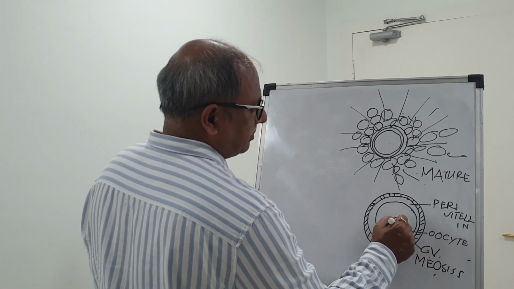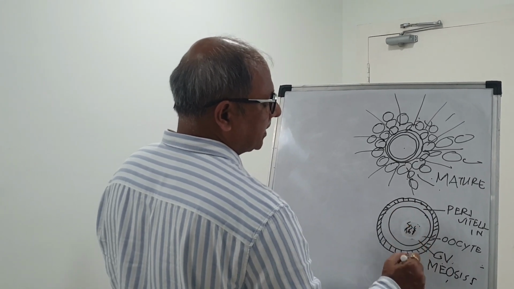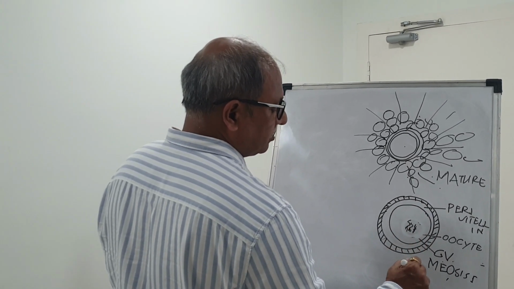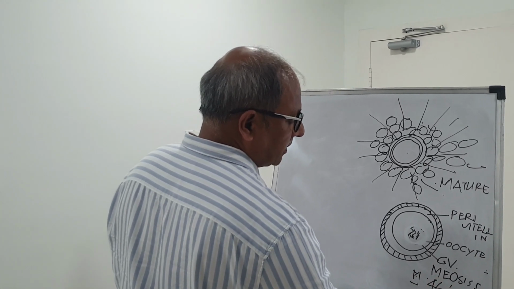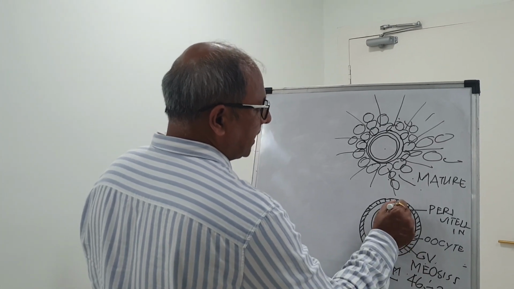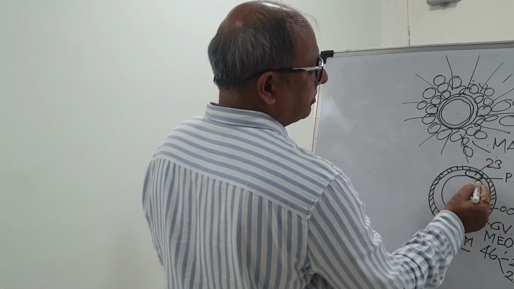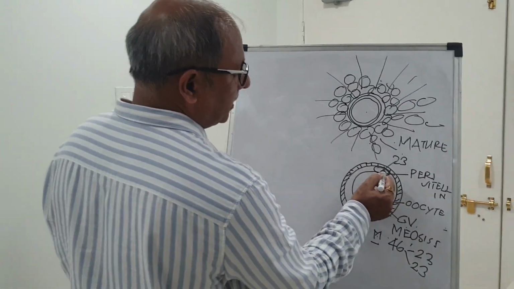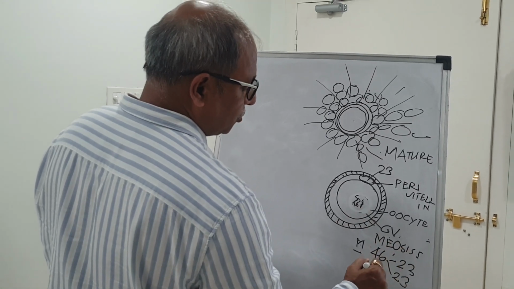Now if it has resumed meiosis 1 and is entering into meiosis 2, in meiosis 1 there is a reduction division from 46 to 23. So this 23 is here and another 23 is in the polar body. If you can see a polar body here, then it is entering into meiosis 2.